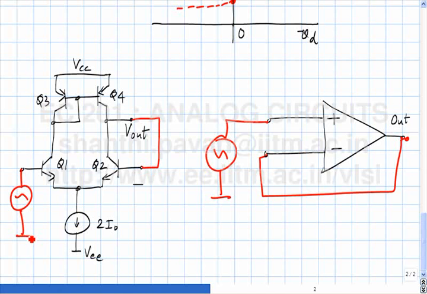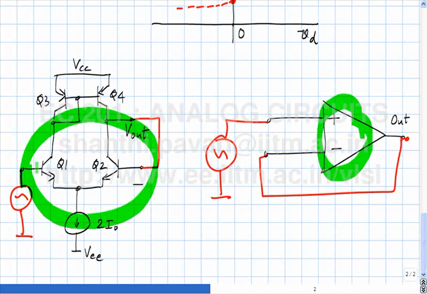When will it work? It will work, the output will follow the input, as long as the amplifier gain is very, very large. That only happens when all the transistors are in their active region. So as long as over the entire signal cycle all the transistors are in their active region, we are fine. Okay? That's what we mean when we say things work.